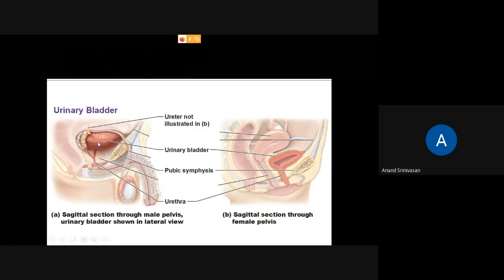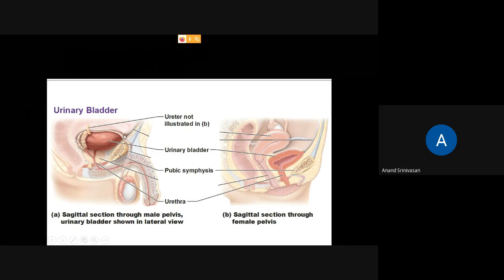So here you can see the urinary bladder. First we will see in male. In male, you can see the ureter is opening into the posterior surface of the urinary bladder. The posterior surface is also called the base.